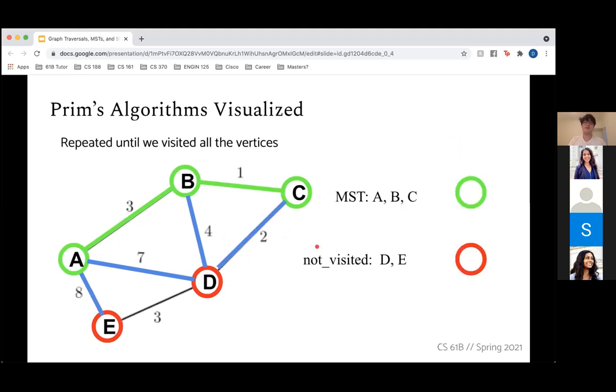So we repeat this process again. Now we have vertices A, B, C, and a set with vertices D and E. We have our crossing edges here. And which edge would we want to add here? So we have AE, AD, BD, or CD.